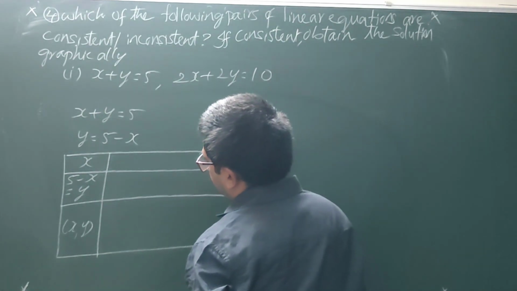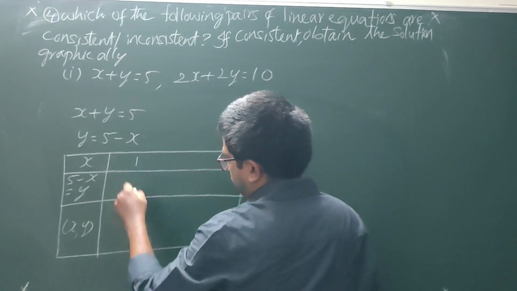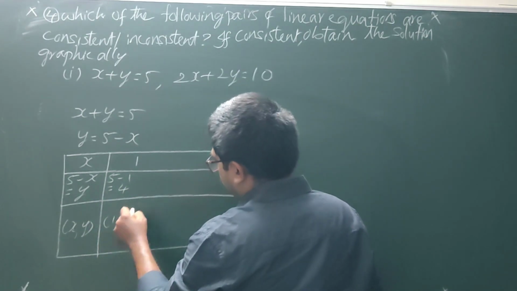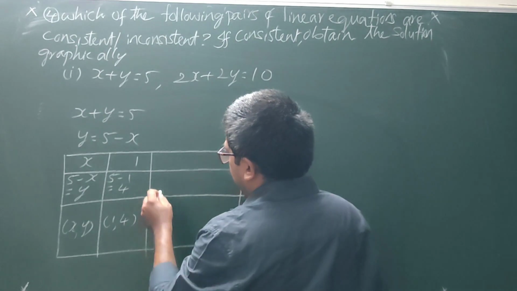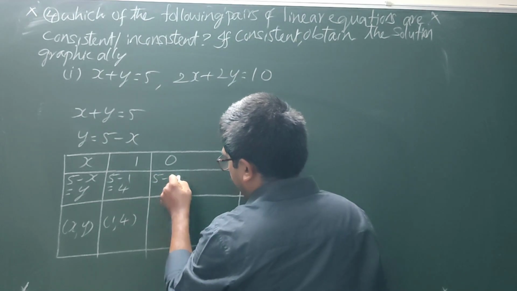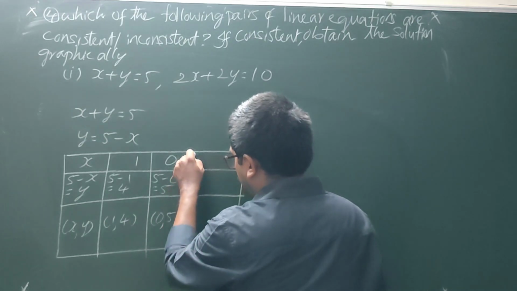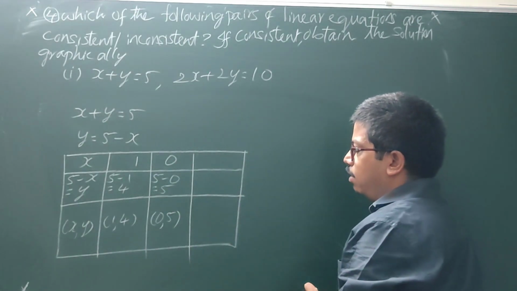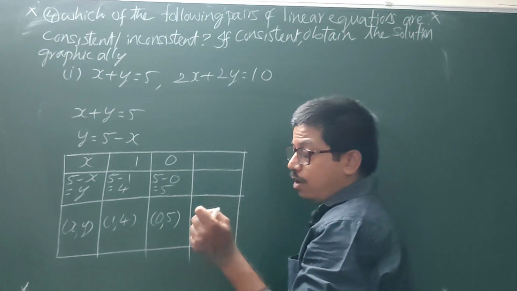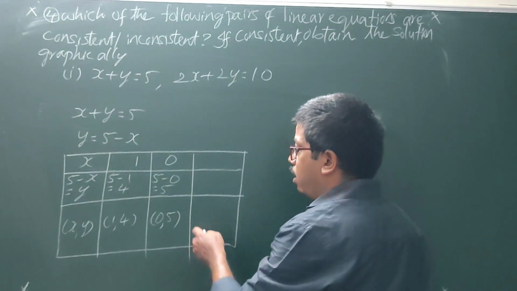If I take x equal to 1, 5 minus 1 equal to 4, so 1 comma 4. Next, x equal to 0, 5 minus 0 equal to 5, 0 comma 5. The order doesn't matter while taking points on the table, but if you join them, you have to draw in order.